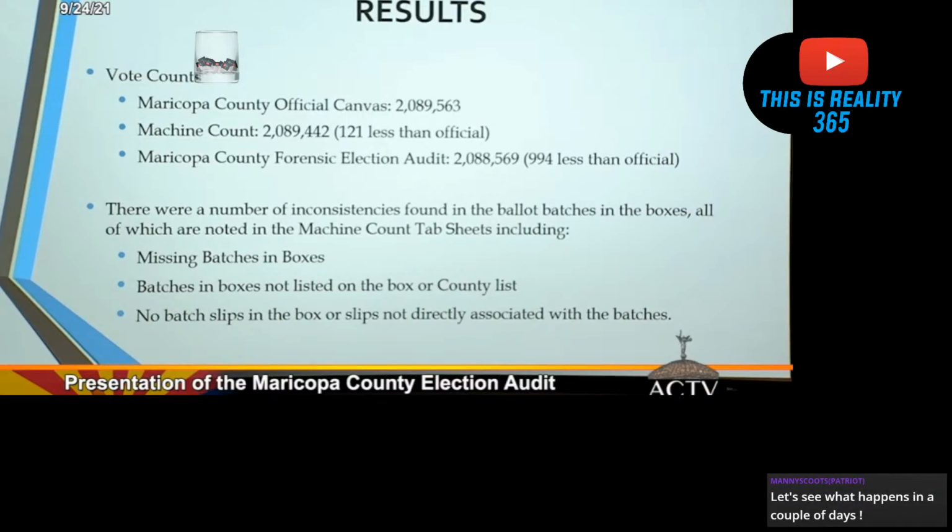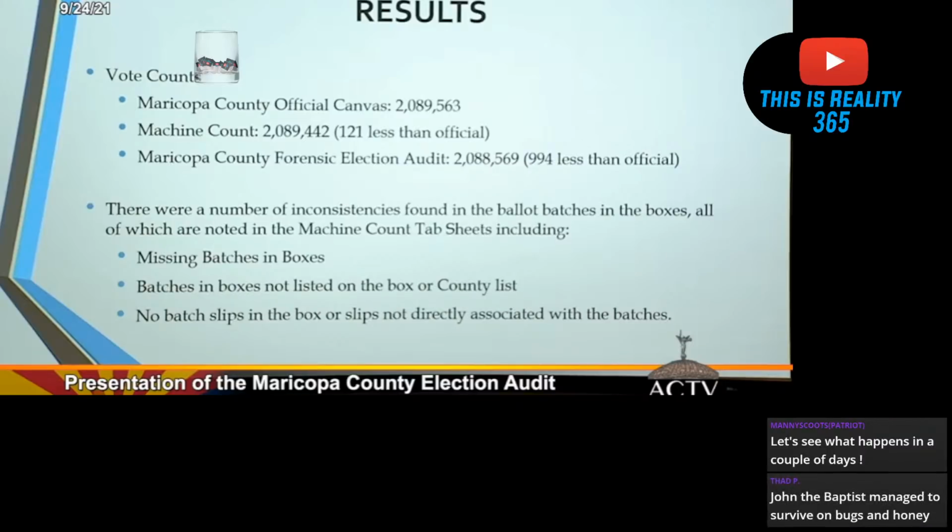Again, if things were done more properly, this would be much easier. It could even have been done faster. So that's pretty much what we came up with, and it again independently confirmed the numbers that the county and Cyber Ninjas found in the ballot count.